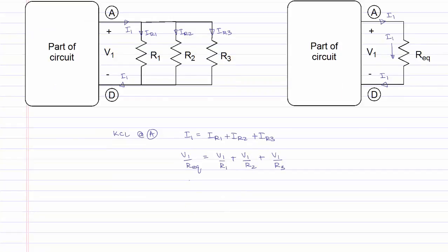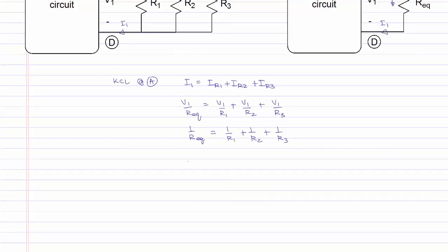We can cancel V1 from both sides of this equation, and we will be left with 1 over REQ is equal to the sum of the reciprocal of the resistance values on the right-hand side. In general, if we have n resistors in parallel, then the reciprocal of the equivalent resistance will be equal to the sum of the reciprocal of the resistor values.